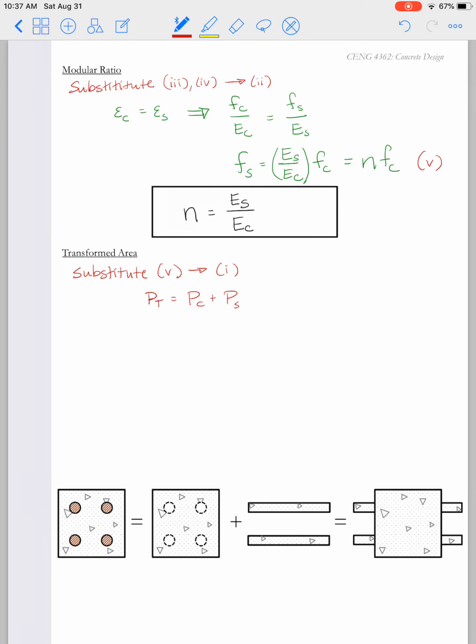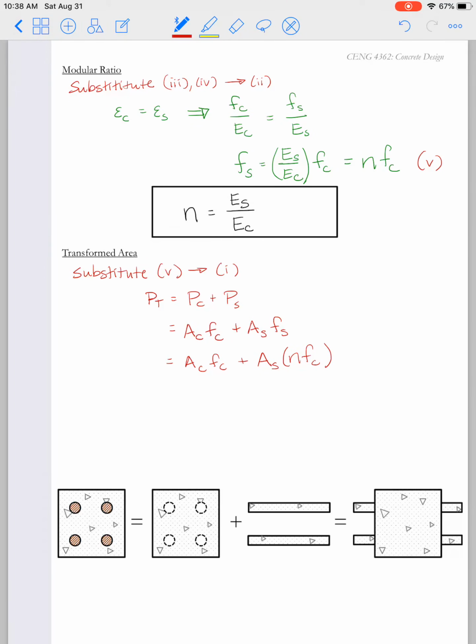That was equation 1. So this equals the area of the concrete times the stress in the concrete plus the area of the steel times the stress in the steel. And now substituting equation 5 there, we have the area of the concrete times the stress in the concrete plus the area of the steel times N, the modular ratio, times F sub C.